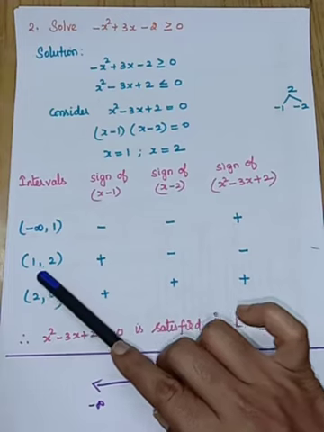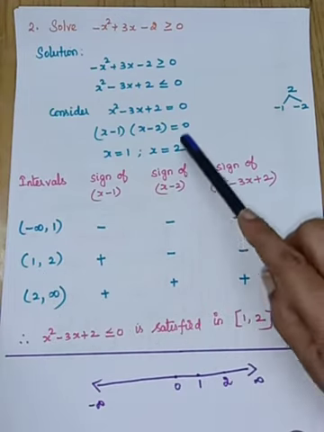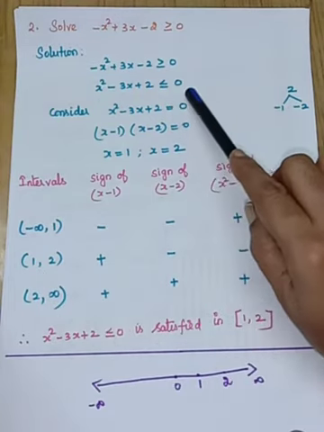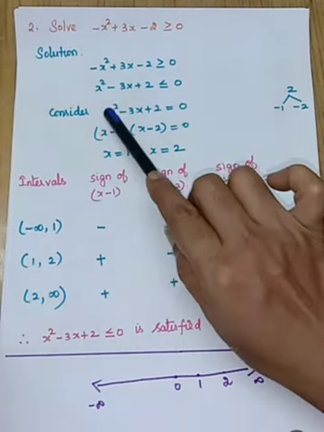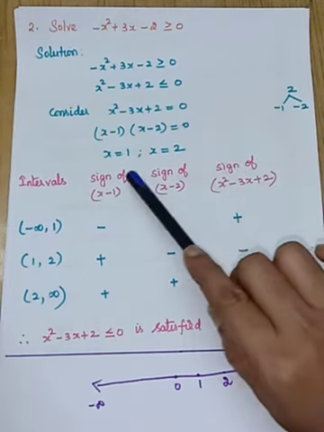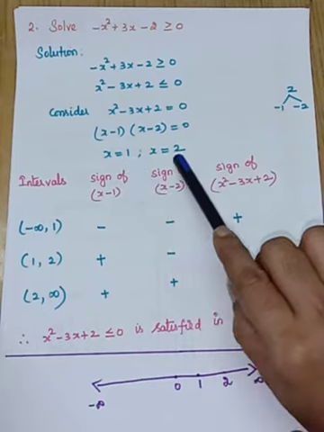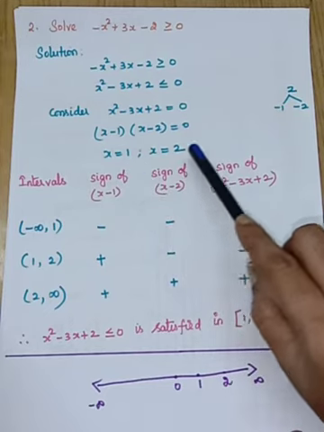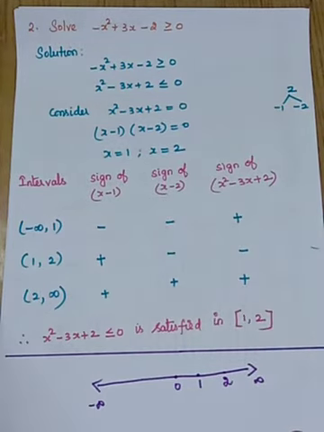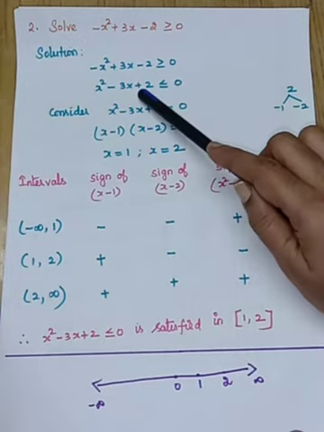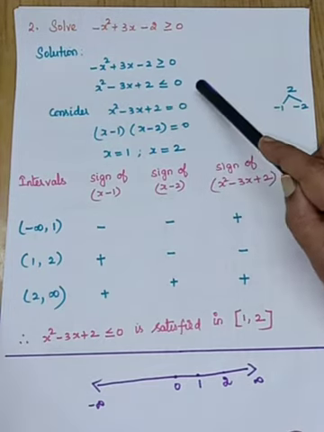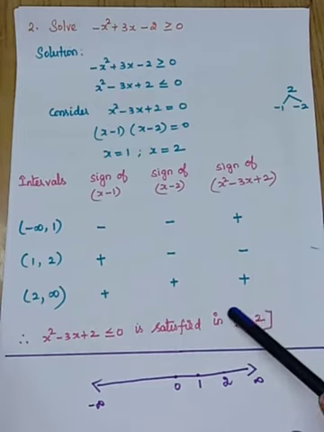So we can consider the open interval. And you see, less than or equal to 0 is also there. So this quadratic function becomes 0 when x is equal to 1 and x is equal to 2. So these 2 points also have to be included. Therefore, this inequality is satisfied in the closed interval 1, 2.